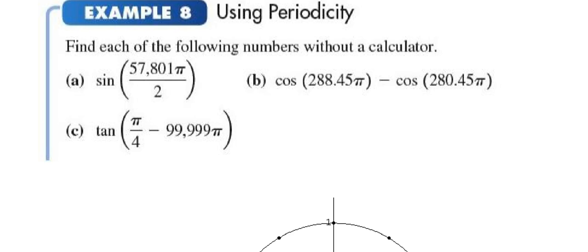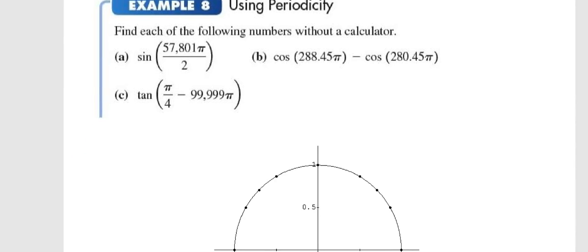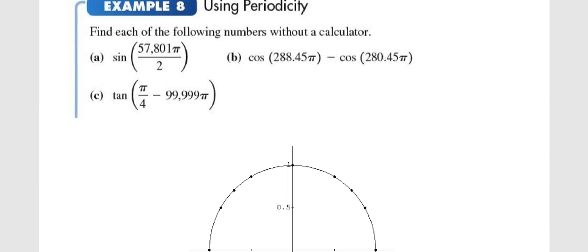I probably wouldn't pick as large numbers as these, if we're going to say without a calculator. But let's think about 57,800. And you'll notice that I did 800 and not 801, right?